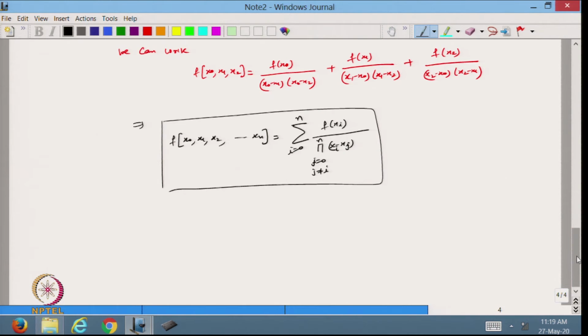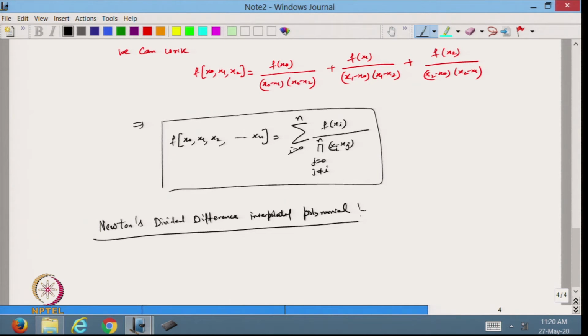Now, based on this divided difference, we want to find out what the interpolating polynomial is in this case. So I now want to define Newton's divided difference interpolating polynomial. So this one we want to write.